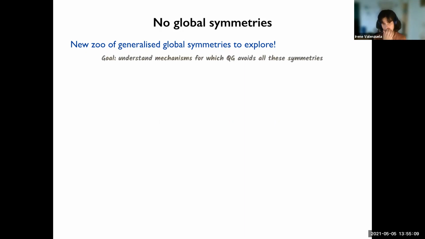So the goal when you study this in the Swampland context is to understand what are the specific mechanisms by which quantum gravity should avoid all these symmetries. Because what we are seeing is that not only can we learn a lot from the presence of symmetry in a theory, but also from the absence of them, because there are many features that can be understood as consequences of avoiding those symmetries. So I want to give you some examples about this.